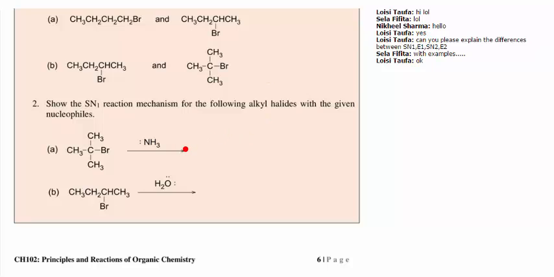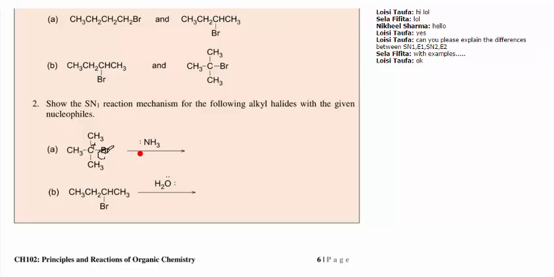Okay, so I'm going to try to show you the mechanism as best I can. In the first part, the leaving group is going to leave, leaving behind a positive charge on the carbon.